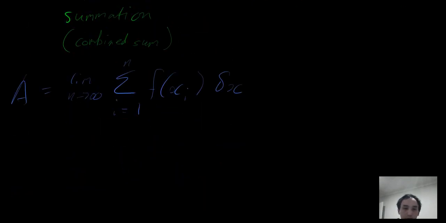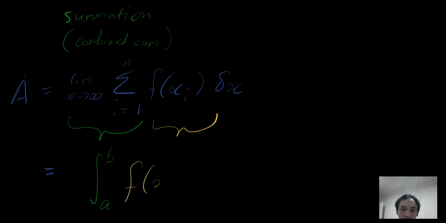And what integration does for us is it sums all this information up very nicely, because this part will turn into the integral between x is equal to a to x is equal to b. This integral sign really means I want an infinite number of rectangles, and this part over here is just saying that I want the integral of all the rectangles underneath the curve f of x multiplied by dx.